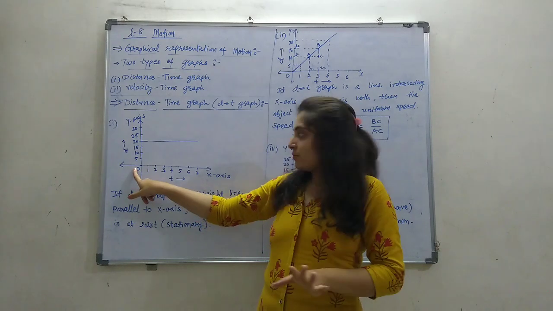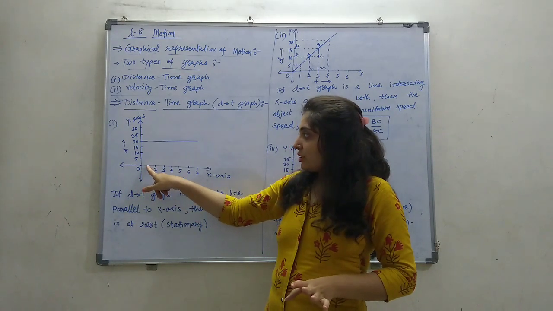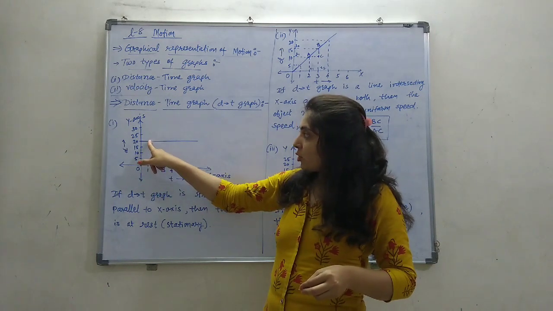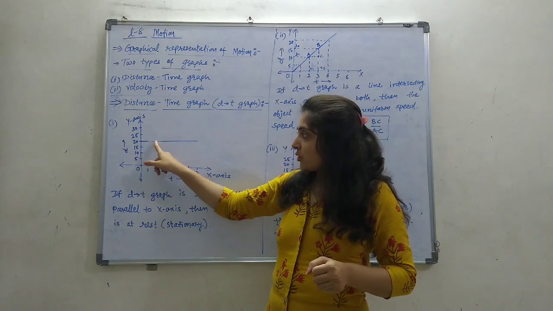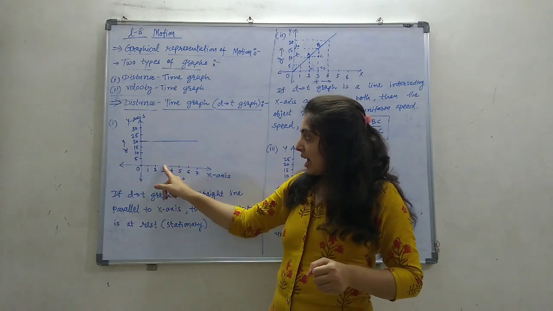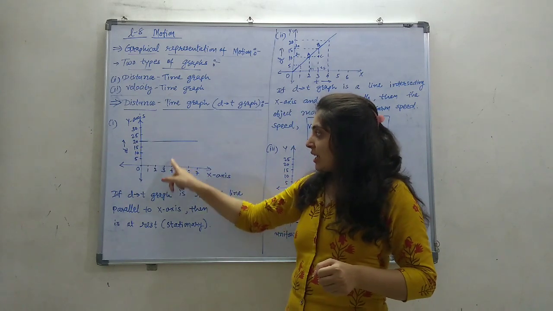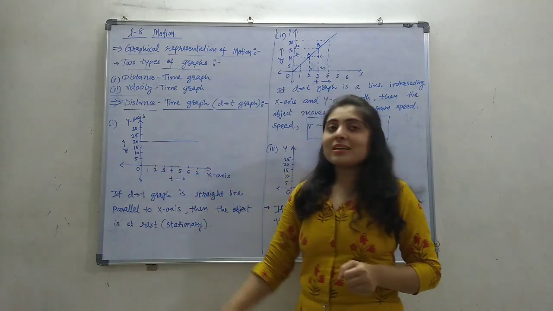Now, after 1 second, we are again measuring the distance. At 1 second, the object is still at 20 meter. At 2 seconds, the object is still at 20 meter. At 3, 4, and 5 seconds, the object is still at 20 meter.